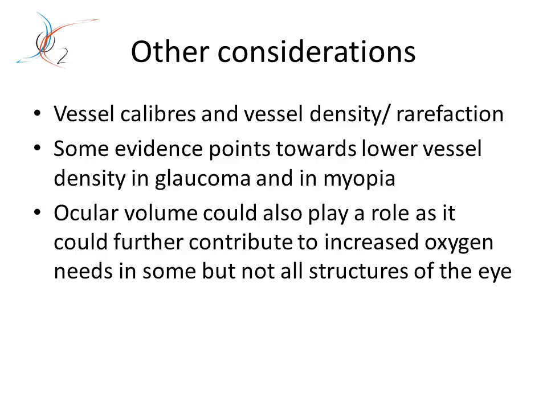Some evidence points towards vessel density in glaucomatous eyes or in eyes with myopia being less than in emmetropic eyes or healthy eyes. Ocular volume could possibly also play a role. There isn't much information on that, but a larger tissue might absorb or consume more oxygen, which could have some effect too.